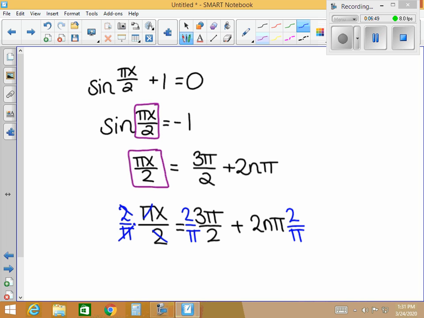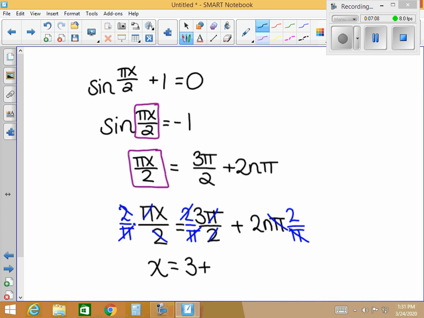What that does is leave just x on the left, and on the right, out of this mess, just a plain old 3. The pi's go away, the 2's go away.